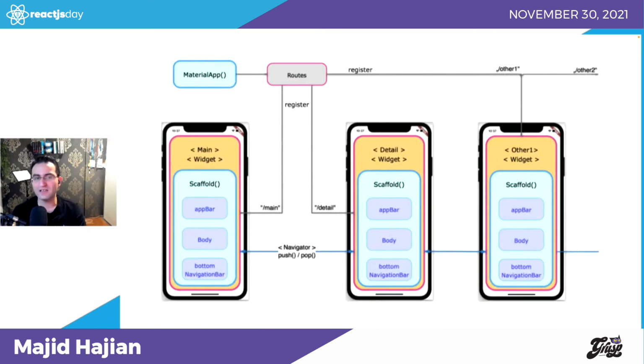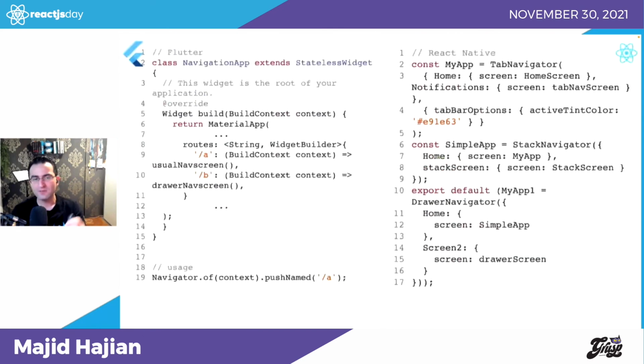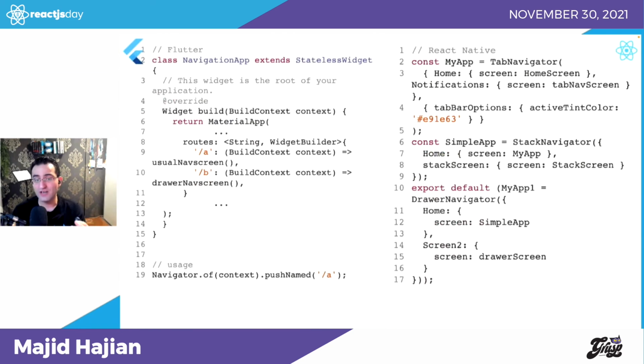Another thing is routing. Routing is an important part of any application, web or any other, right? In React Native or in React, you need to hook up other packages to facilitate this routing implementation. But in Flutter, you get that out of the box, implemented at the root of the app that you are going to use, in this case MaterialApp.